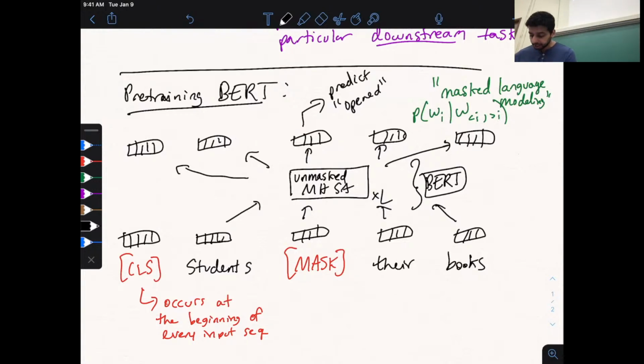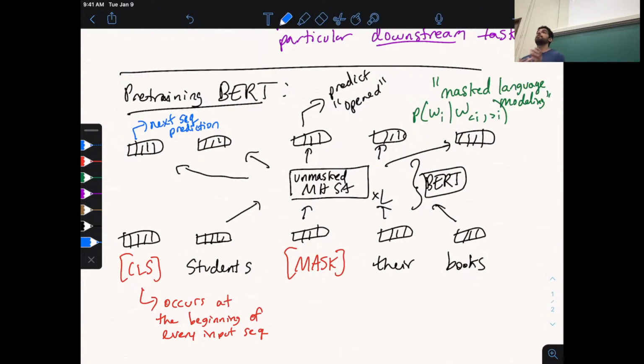So if you read the original BERT paper, there's a special objective here called next sentence or next sequence prediction. And the way they pre-trained BERT is they took two different input sequences, they stuck them together, and some of the time the second sequence directly followed the first sequence in the training data. Other times it was just a completely random sequence that did not follow the first sequence.